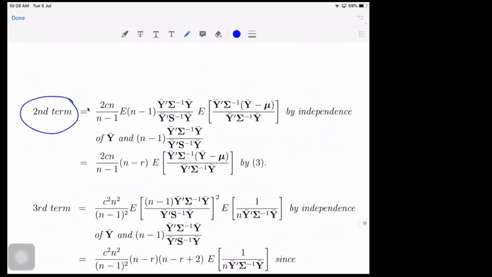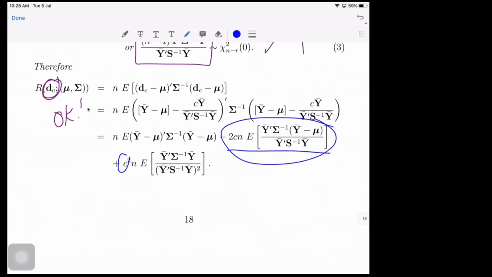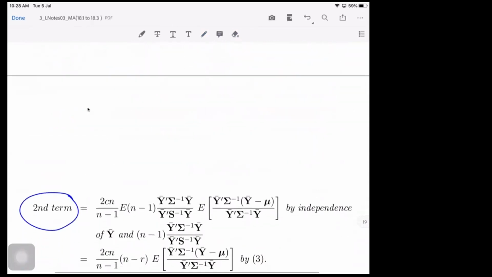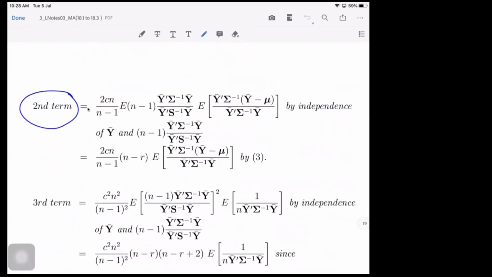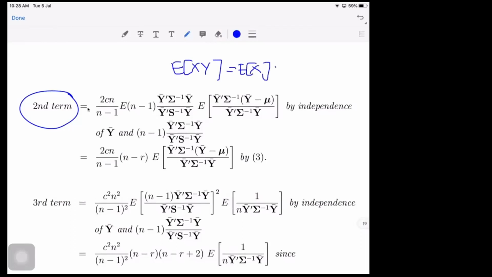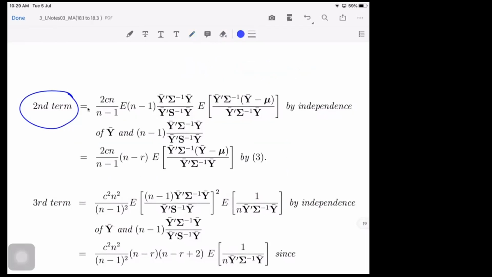You try to simplify the second term. So, kini na term. Simplify this. And you can do expectations of XY, expected sa X, expected sa Y because of independence. Expectation, product of 2. And then you have this after simplification.